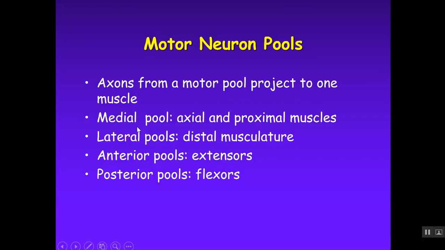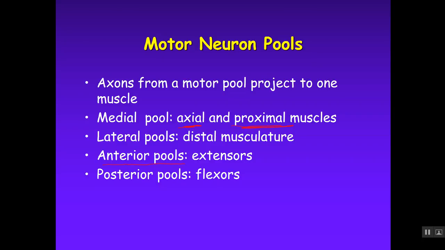Anterior horn cells that are going to innervate primarily axial and proximal muscles tend to be located in the medial part, or medial pool area, of the anterior horn, okay? If the anterior horn cell is going to innervate primarily distal muscles, it's going to tend to be more lateral, in a lateral pool of the anterior horn.